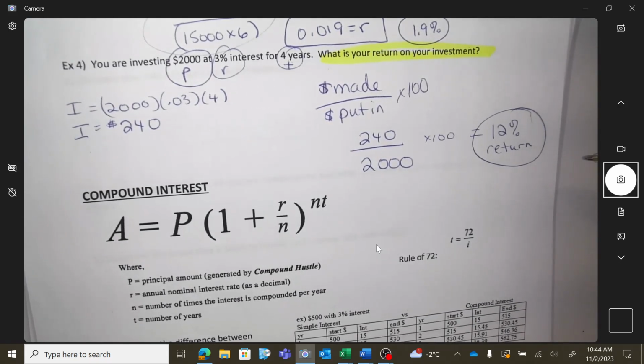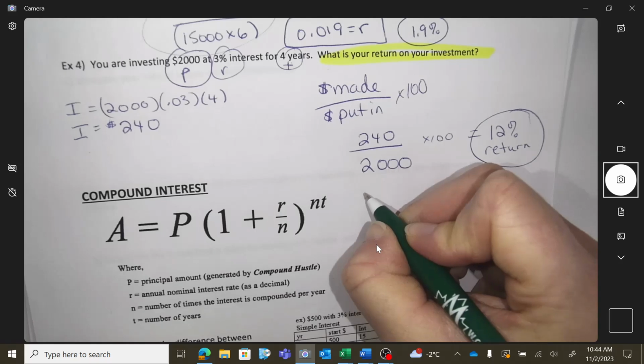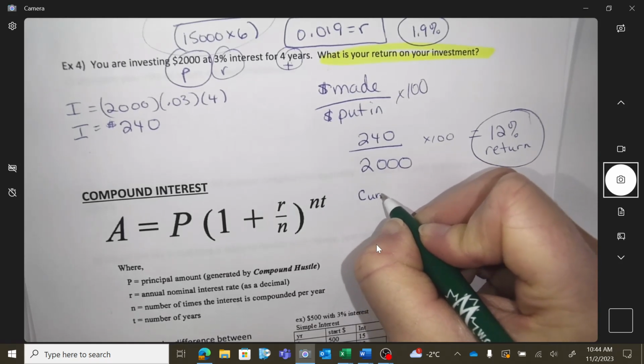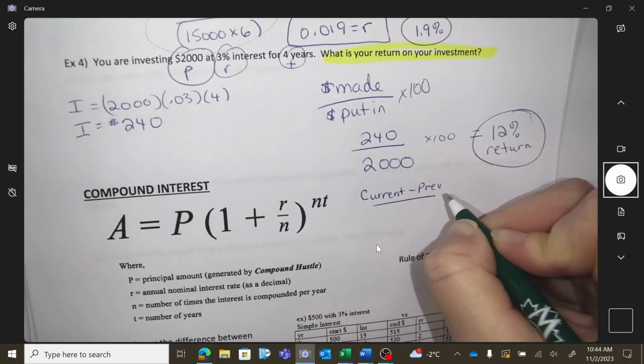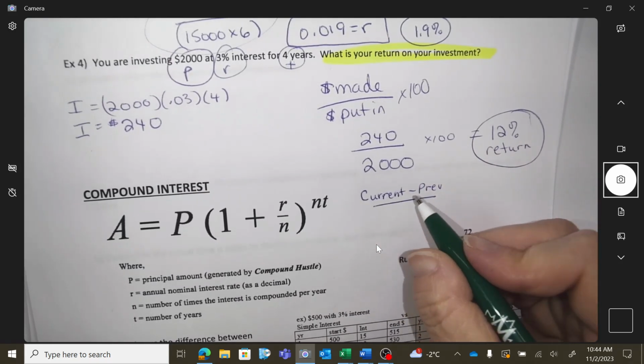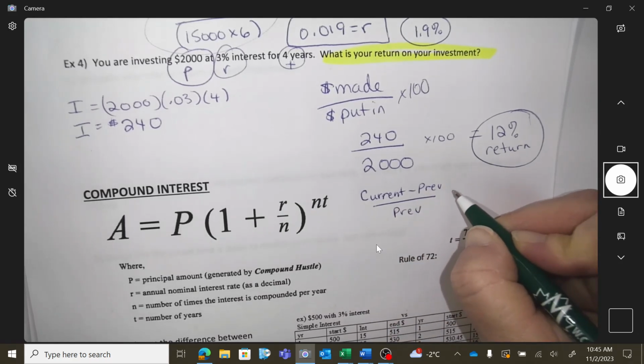Piper, you look like you're reading that formula. What is it all like? Rate of return equals current value of portfolio minus previous value of portfolio divided by previous value of portfolio times 100. Current minus previous divided by previous, times 100.